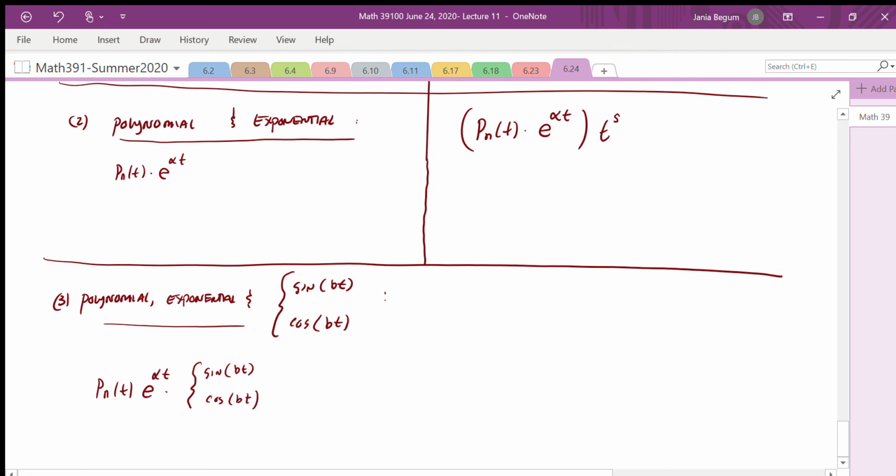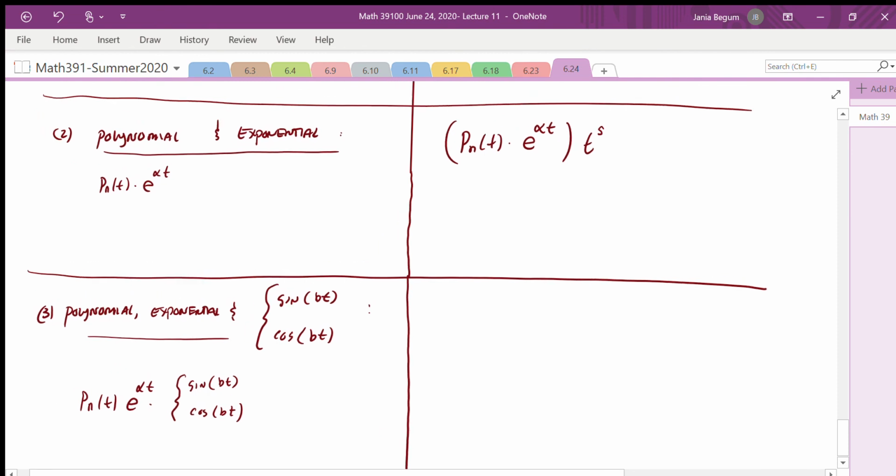If that happens to be your g of t, that means our guess for the particular solution also has to match up, right? It has to be a polynomial of nth degree, exponential to the power alpha t, and cosine and sine.